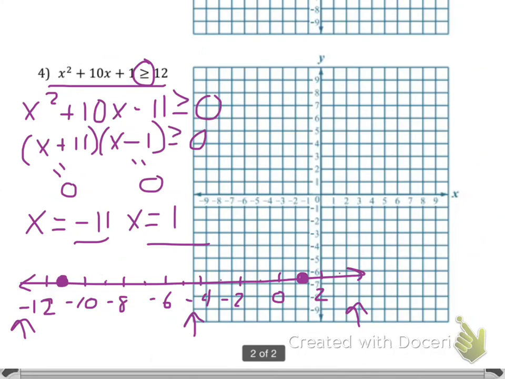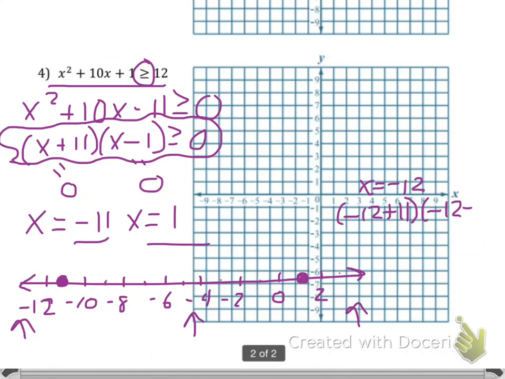Okay, so let's pick negative 12 first. That's to the left of negative 11. And if I plug in negative 12, I'm actually going to do it in my factored form. I can do it in either form, but I'm going to do it in my factored form because it's going to be easier to see. So let's do negative 12 plus 11 times negative 12 minus 1.